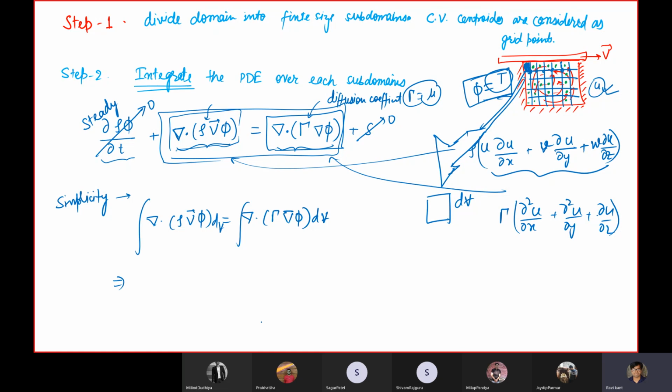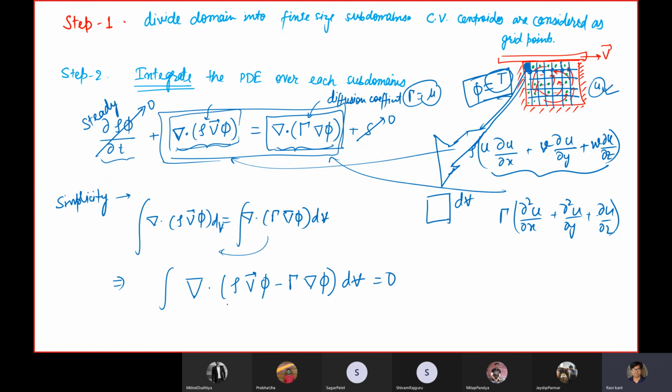I'll club these things. I'll take this thing to the left side, and I'll write everything as del dot (rho v phi minus gamma del phi, or gradient of phi) dv is equal to 0.